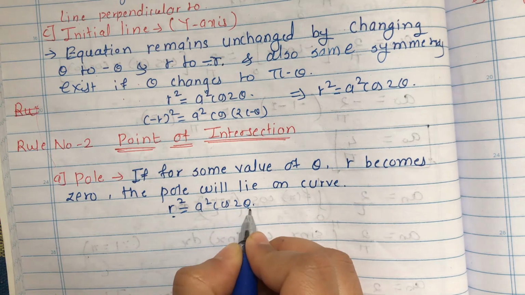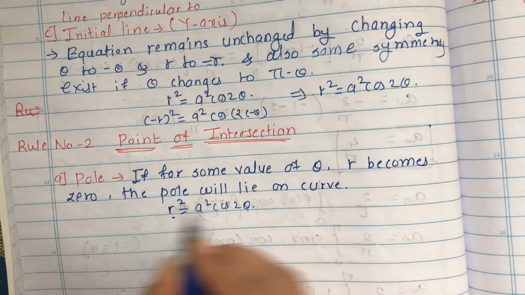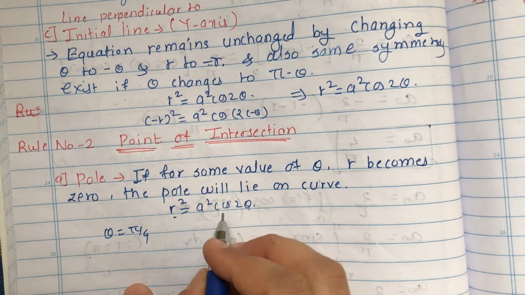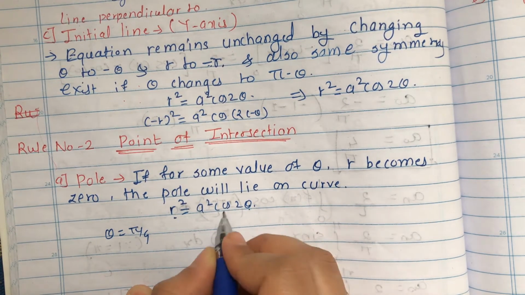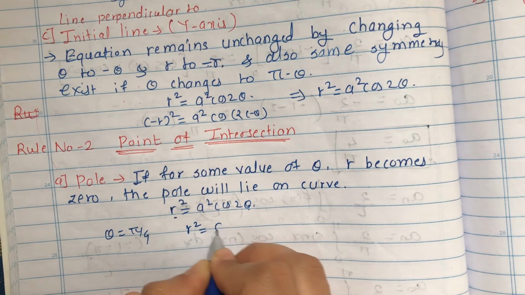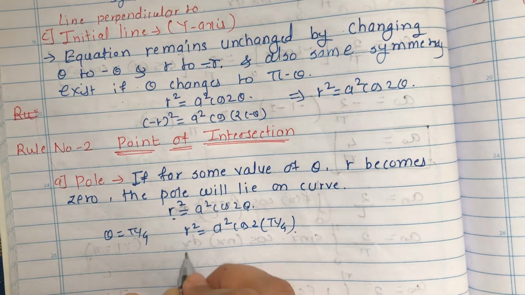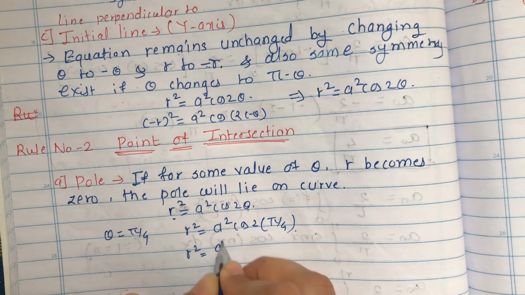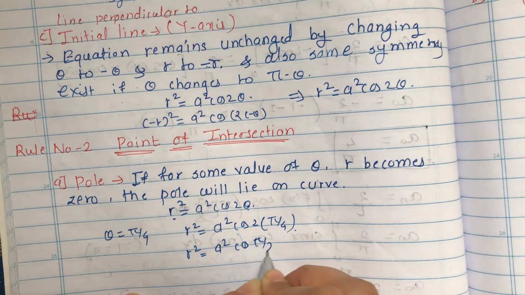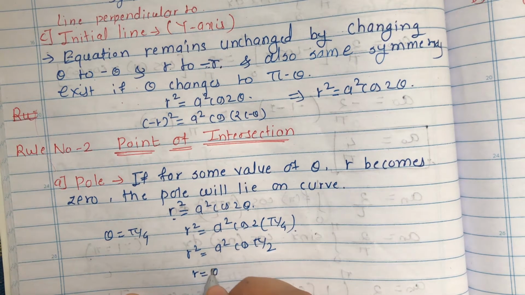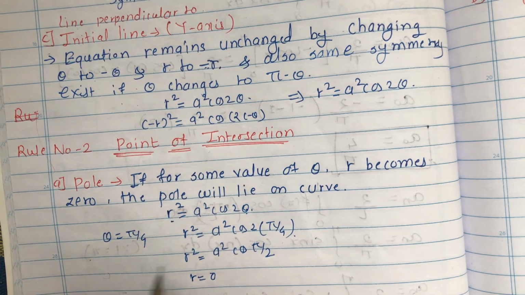This r will be 0 when cos 2 theta is 0, and cos 2 theta is 0 for theta is equal to pi by 4. When theta is equal to pi by 4, r square is equal to a square into cos 2 in bracket pi by 4, so r square is equal to a square cos of pi by 2, and cos pi by 2 is 0, so r becomes 0.